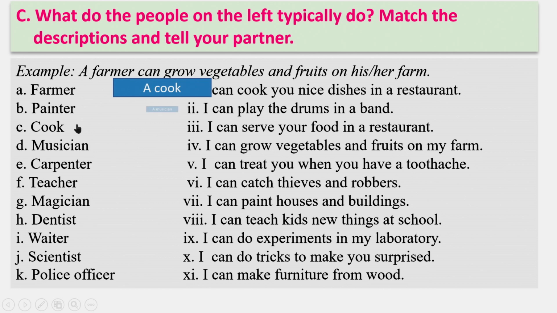No. Then who? Yes, you are right. A musician can play the drums in a band. So, can you guess who can serve your food in a restaurant? Yes, exactly. A waiter can serve your food in a restaurant.